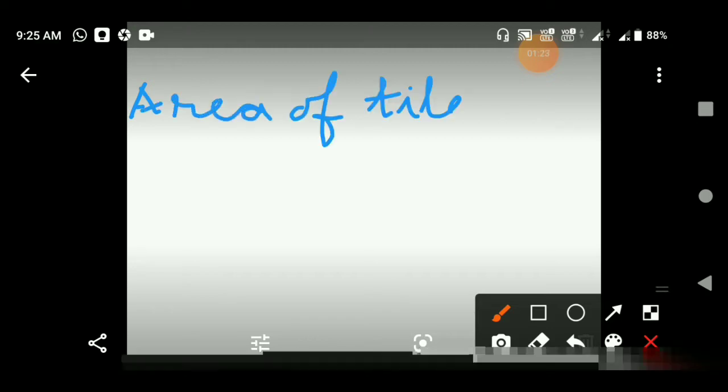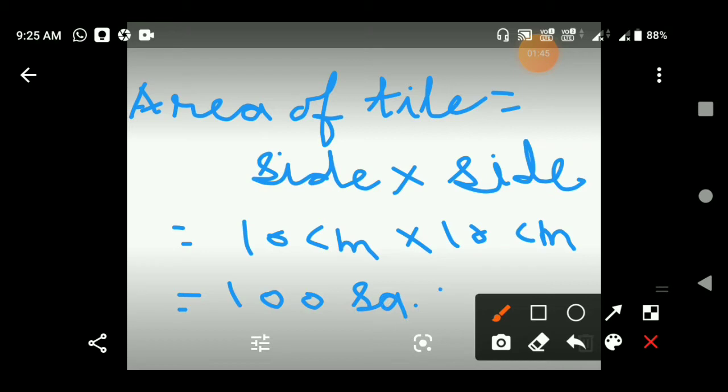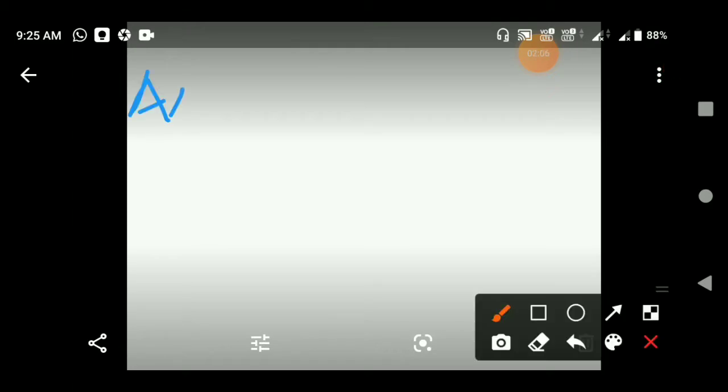Now let's find out area of tile. So area of tile is equal to side into side. So 10 centimeter into 10 centimeter is equal to 100 square centimeter is the area of tile. Now let's find out the area of kitchen. Kitchen is rectangle, so here we will use formula of rectangle.